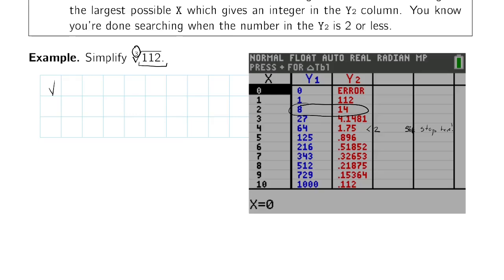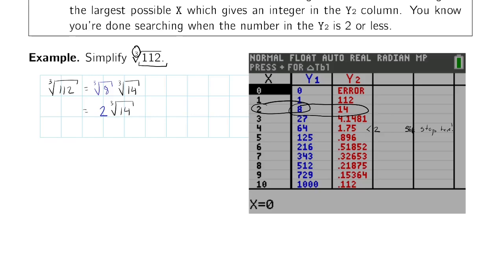So if we're taking the third root of 112, we're taking the third root of 8 times the third root of 14. We can actually do the third root of 8. And in fact, looking at the calculator, we see that the third root of 8 is 2. So we'll have 2 times the third root of 14.